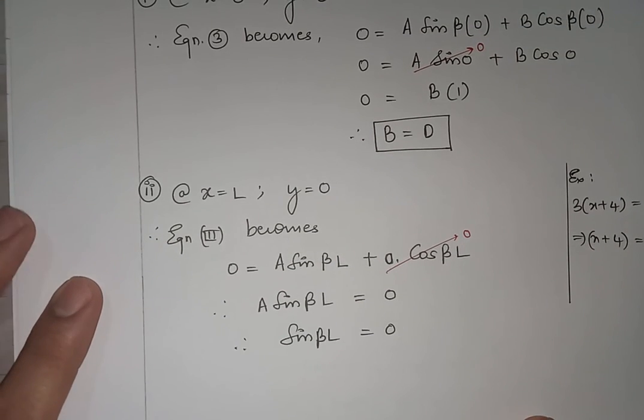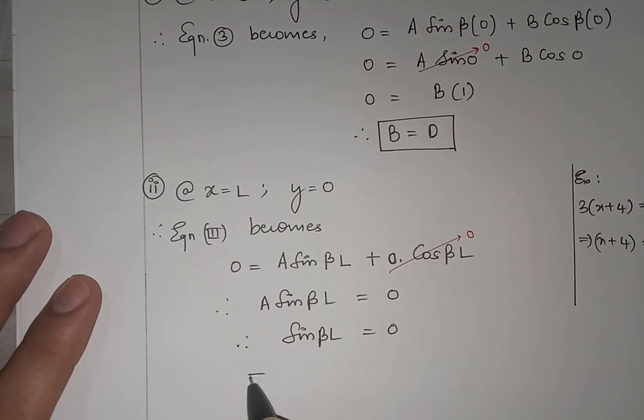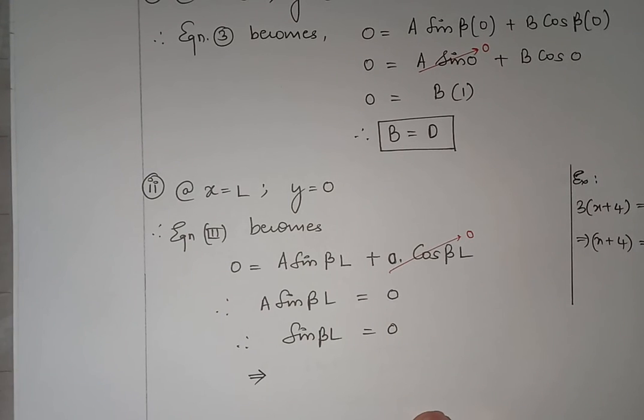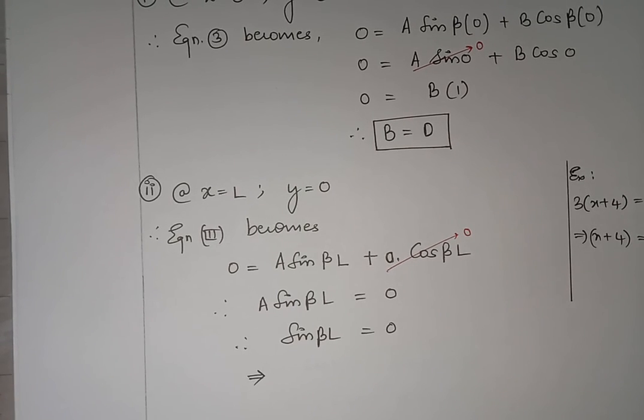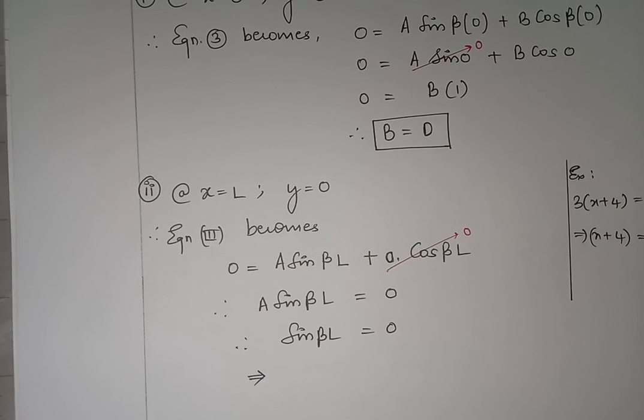So when sine beta L is equal to 0, what does this imply? When will sine theta be 0? Sine theta will be 0 for the value of theta as 180 degrees, right? So whenever the value of theta is 180 degrees, sine 180 degrees is 0 and sine 0 is also 0. If you are taking this as 0, then you will not be getting the value of beta.